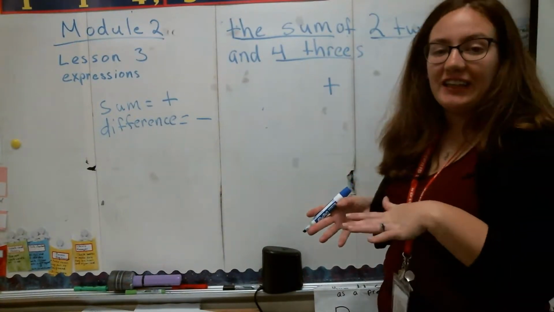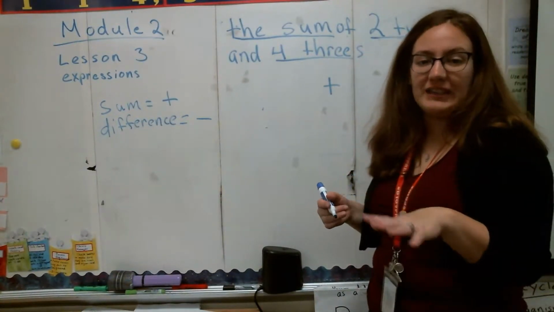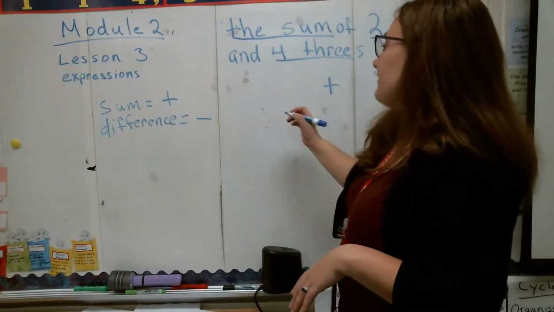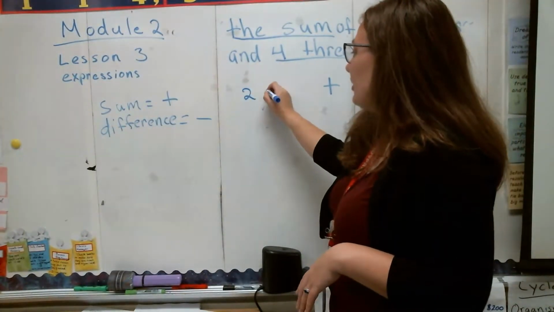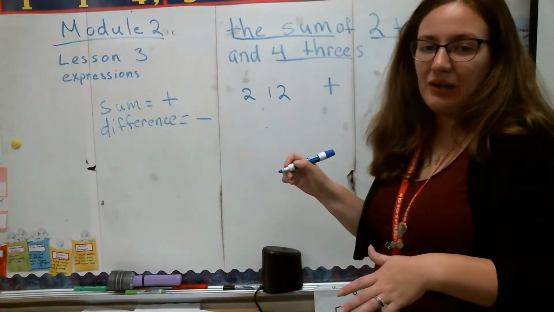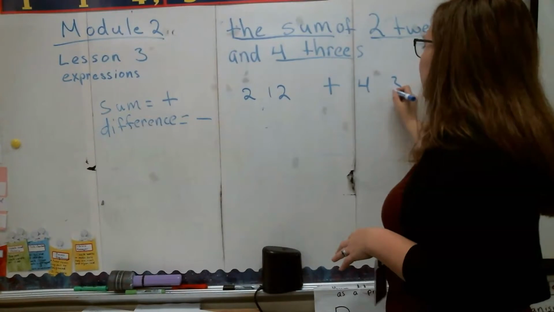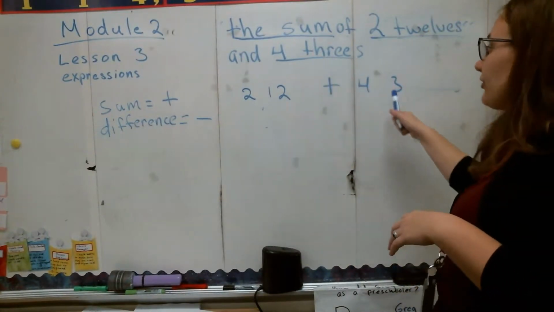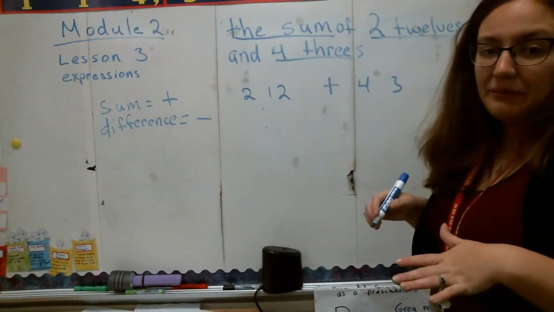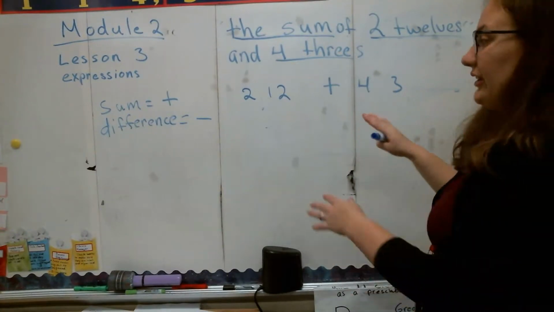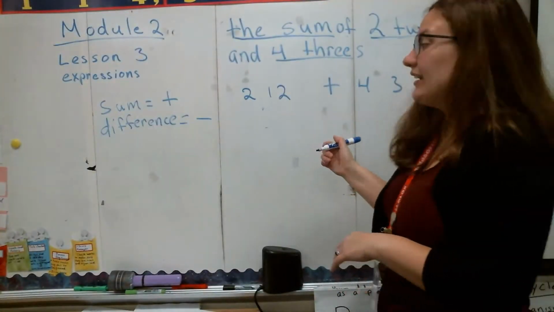Now whenever you see this in a word form expression, what's actually happening is that if I were to write 2 12s, maybe you would think something like that. And if I said 4 3s, maybe you would think 4 and then 3, you would write something like that. I'm going to show you what we're going to do with these sets of numbers.